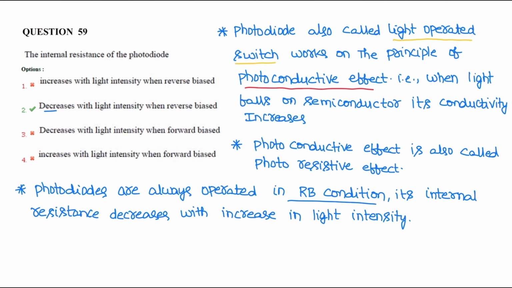Its internal resistance decreases with increase in light intensity. The conductivity of the photodiode increases when it is exposed to light. Correct answer is 2.